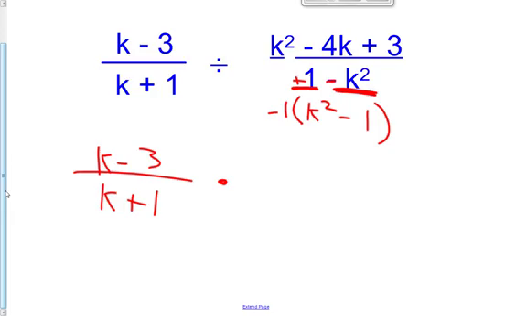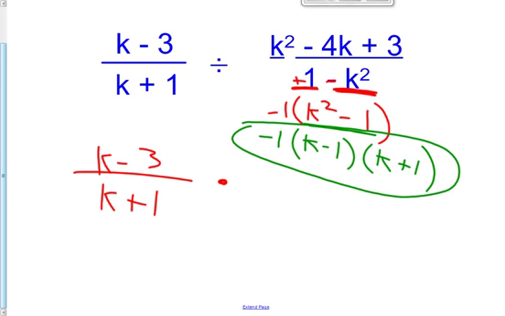So now if you guys can see, this is the difference of two squares. So I'm going to factor negative 1 times the difference of two squares, k minus 1 times k plus 1. And there we have it, and this, class, goes in my numerator. Because remember how this is in the denominator, but when I multiply by the reciprocal, it goes up to the numerator.